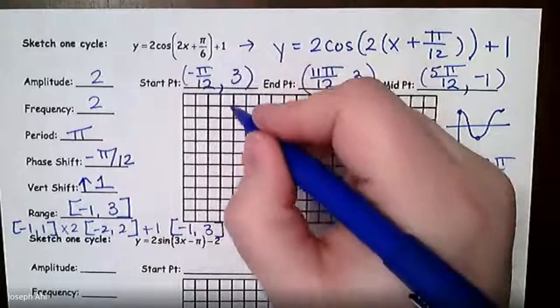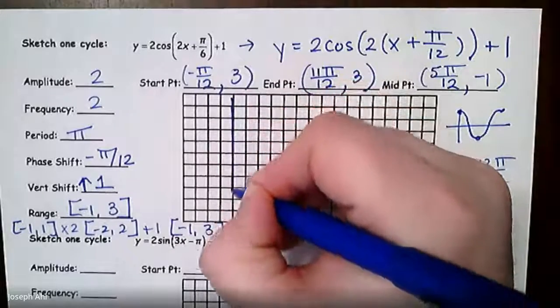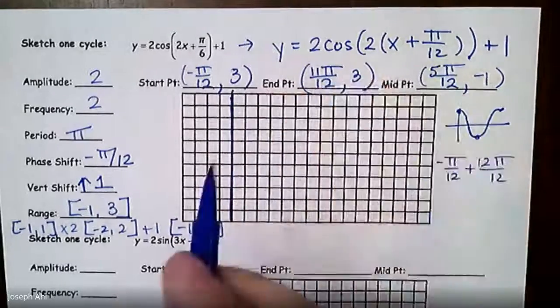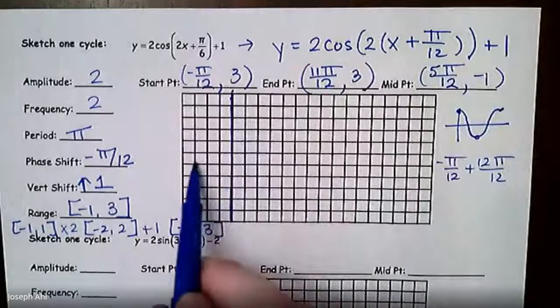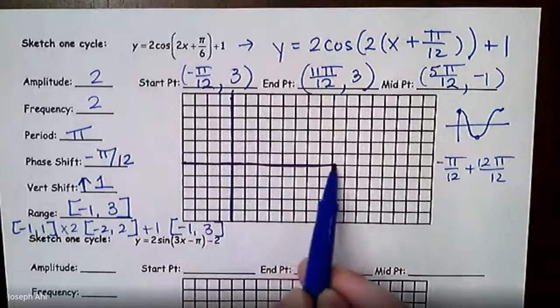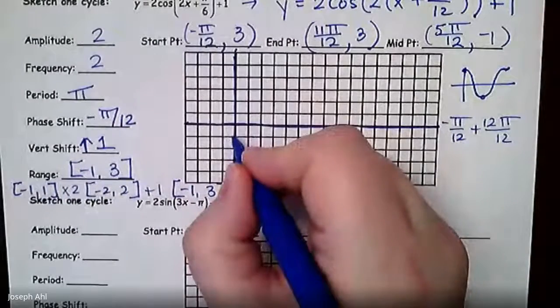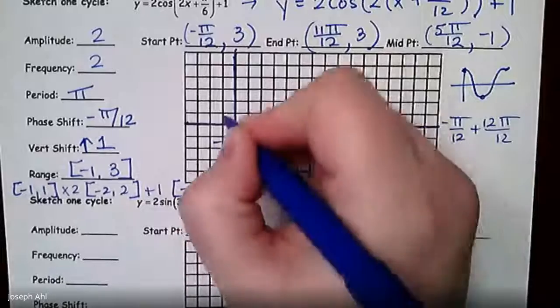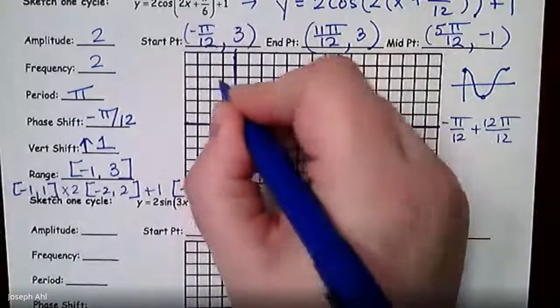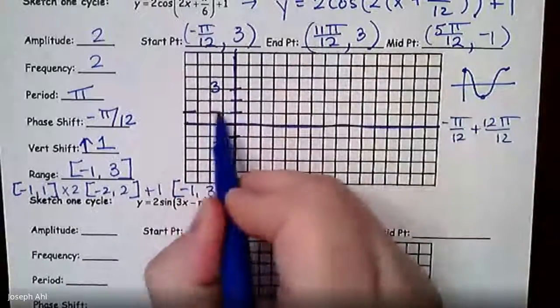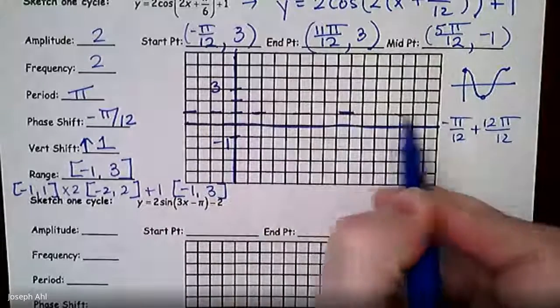We are going to the left a little bit. I am probably going to make my scale still just 1 space represents pi over 12 on the x-axis. All right, so let's see. So if I do every 1 space even for the y values, here's -1, 1, 2, 3. And we have the wrap line at y equals 1 again, so I like to include that.